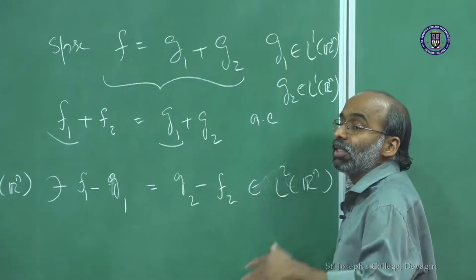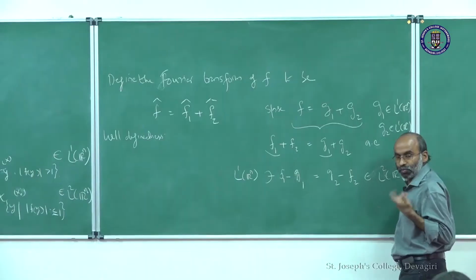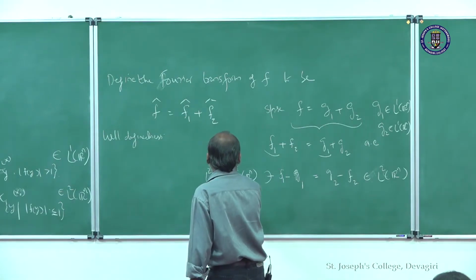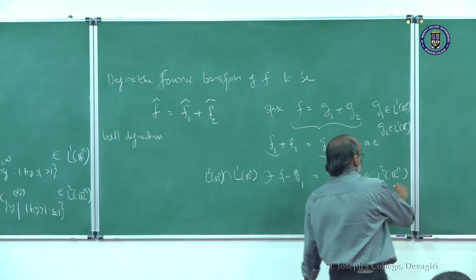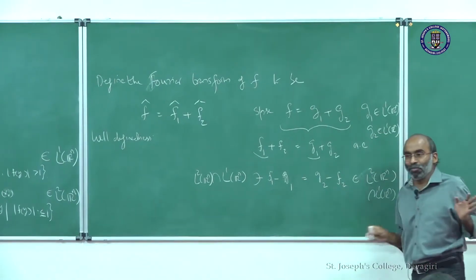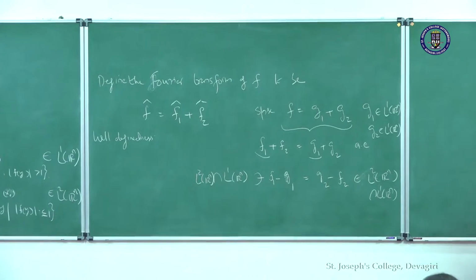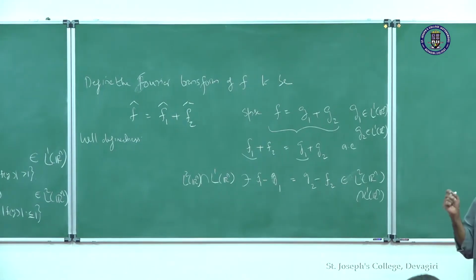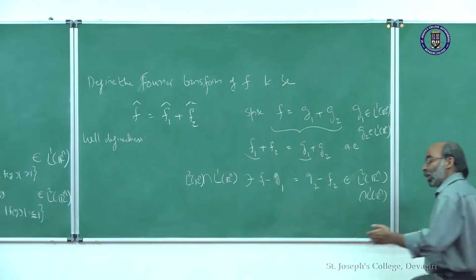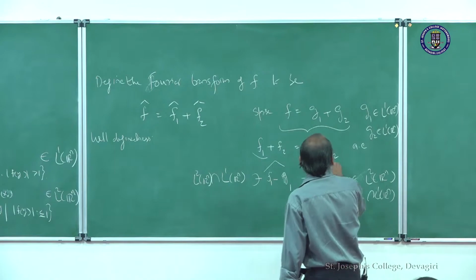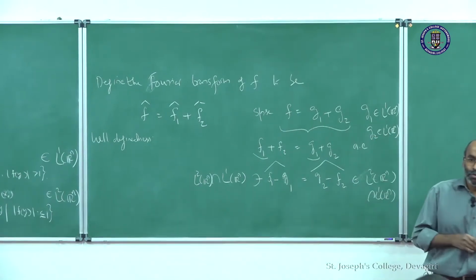Both functions are in L1 intersection L2, and there everything is well defined, there is no problem. We have a nice definition of the Fourier transform on L1, and a nice definition on L2. So I can take the Fourier transform, and this would be the same.